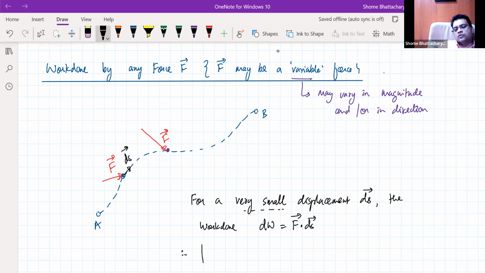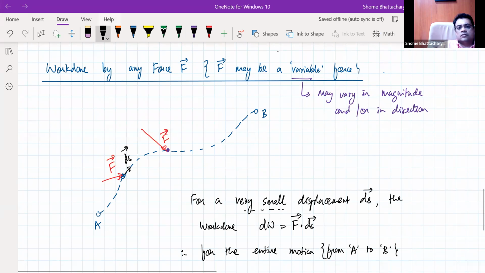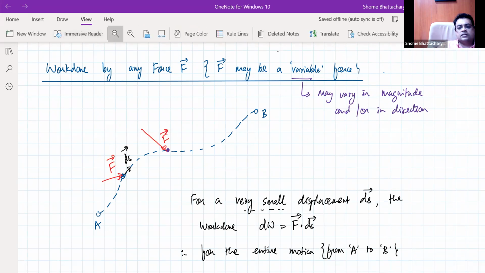So therefore, for the entire motion from, let's say, A to B, the net work done will come by integrating this.